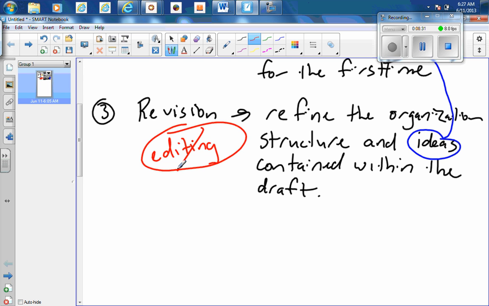A revision means look at the way you're writing that paper. Don't yet worry about your spelling. Don't yet worry about your capitalization. Let's get the ideas in a particular order. When one organizes an essay, it's not accidental. It's not haphazard. It's not that you sit down, the world disappears, you start at the top of the page and you end at the bottom of the page.